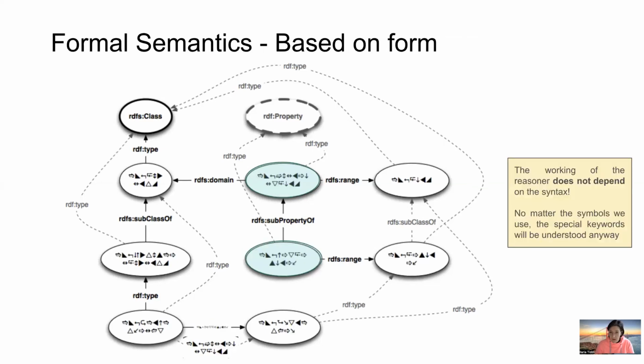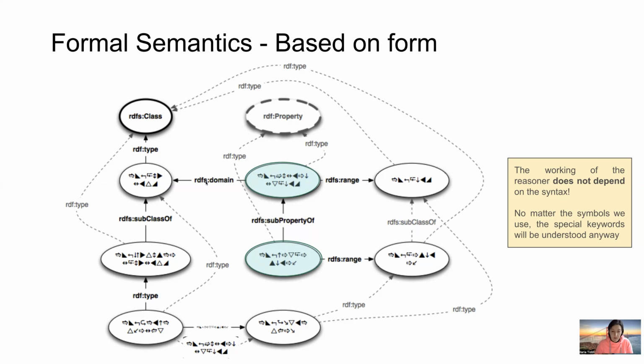Now, one thing to remember is that the reasoning engine, so the inference, does not depend on the syntax that you have in your knowledge graph. We said that URIs can express concepts on the web, but we can use any kind of symbols, including symbols that we humans don't necessarily understand. What is really important is not the symbols that we use to represent the URIs, but the special keywords that we use.